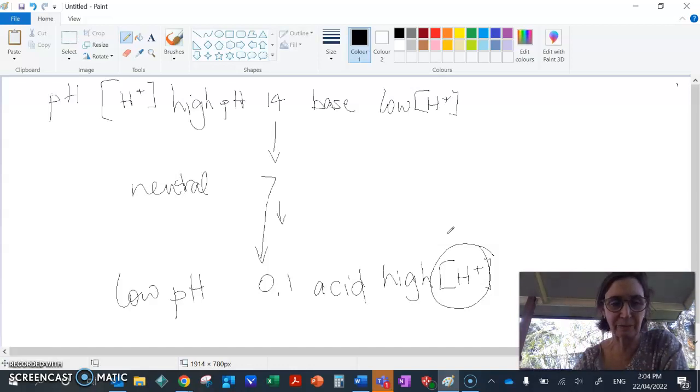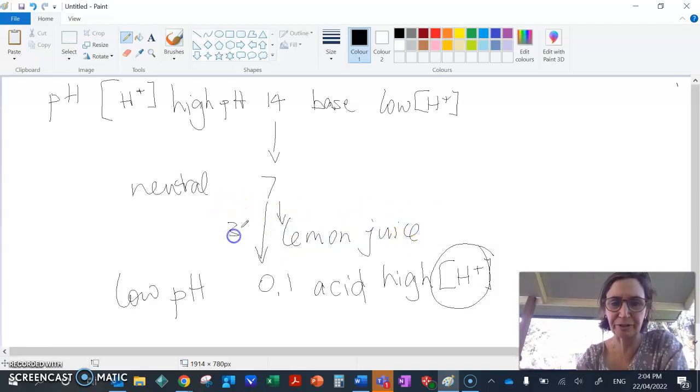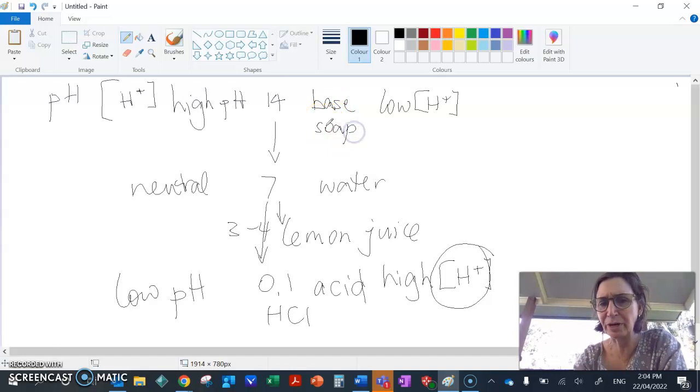Let's think of some examples of things with low pH. So we might think of lemon juice is sort of in the middle there. I think it's 3 or 4, isn't it? Maybe hydrochloric acid is a very strong acid, so it has a very low pH. Neutral would be water. Something which is basic are some maybe like soap or cleaning products.